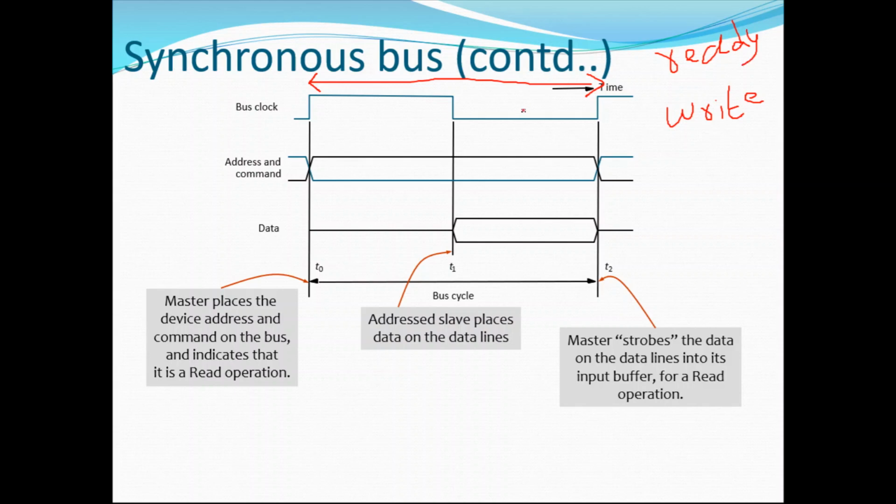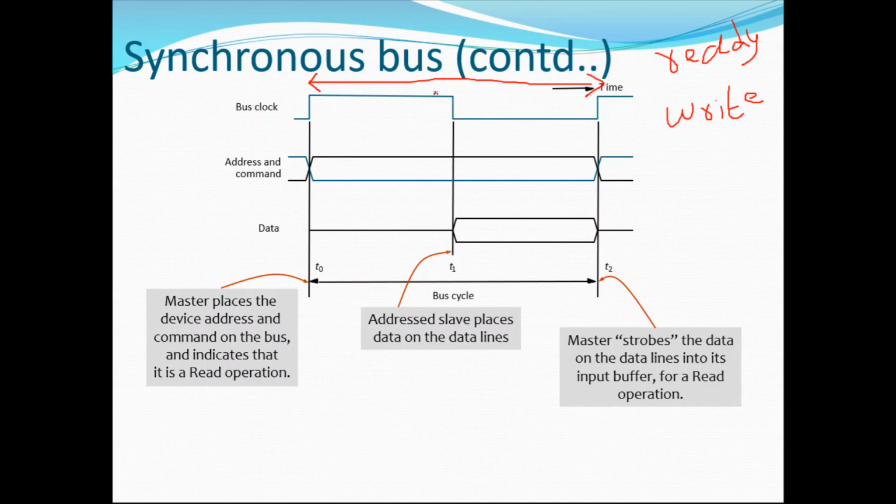We will learn that in detail as the lecture proceeds. But as of now, understand that when a read or a write operation happens, it should complete within one clock cycle. That is what the basic version of synchronous bus expects.